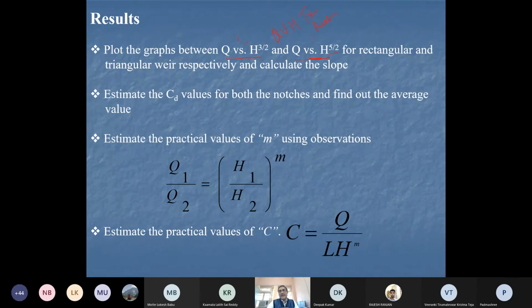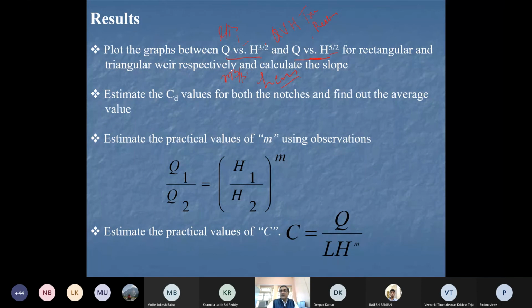This relationship can be in any unit. It has no meaning. So discharge you can take in liters per second or cubic meter per second, whatever you like, and H you can take in centimeter or meter, whatever you like, but it's a simple relationship. That is called the calibration plot.